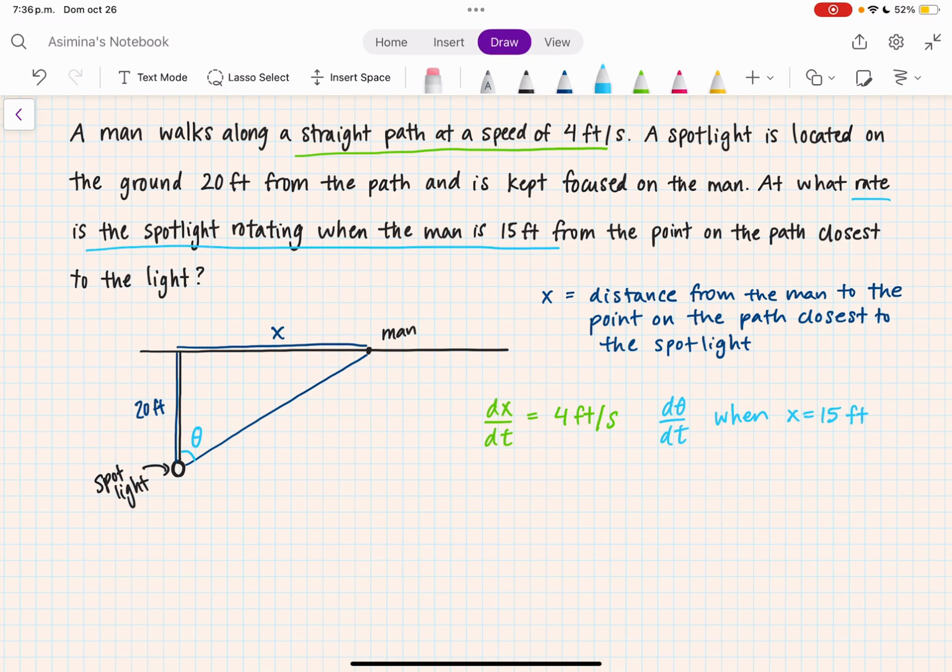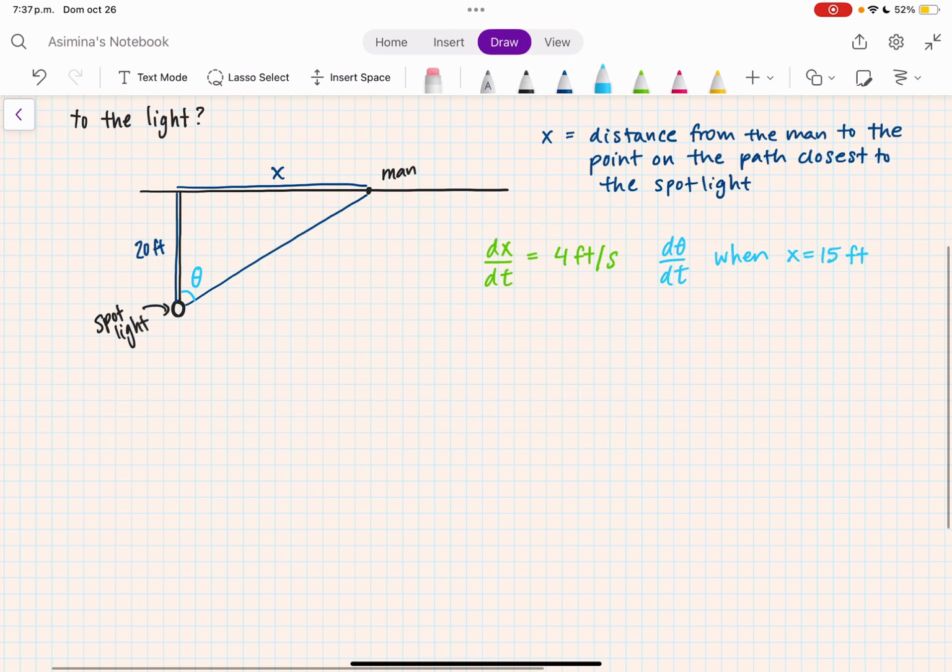Okay, so can we think of an equation that relates x and theta? Well, if you remember from trig, you have SOHCAHTOA, right? So if we have theta here, we have opposite over adjacent.